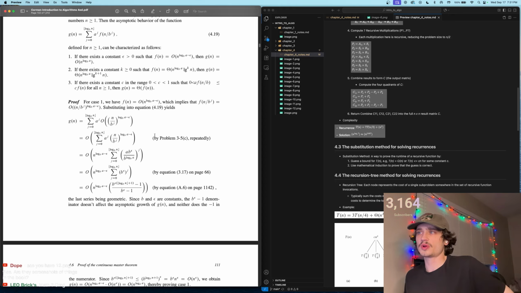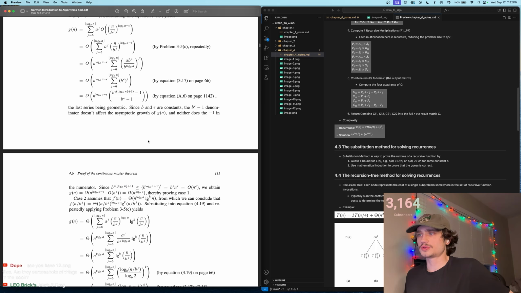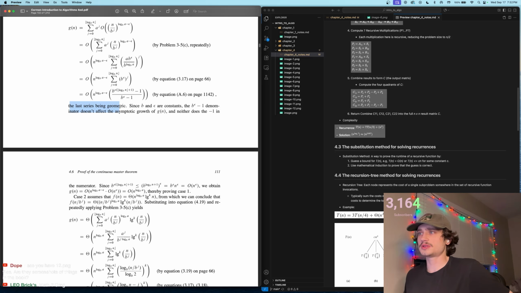Proof. For case 1, we have f of n is equal to big O of n to the power of log base b of a minus epsilon, which implies that f of n over b to the power of j is equal to big O of n over b to the power of j, to the power of log base b of a minus epsilon. Substituting into equation 4.19 yields this, which reduces down, the last three series being geometric.